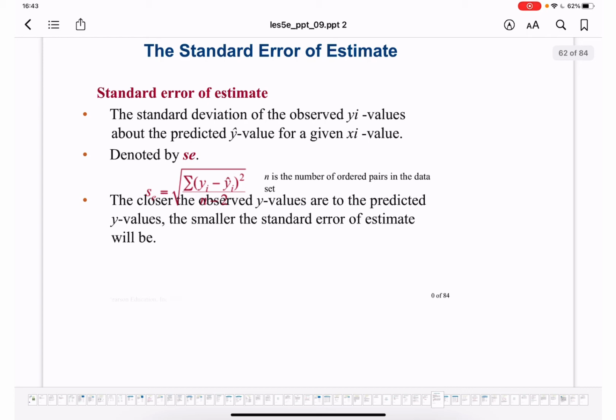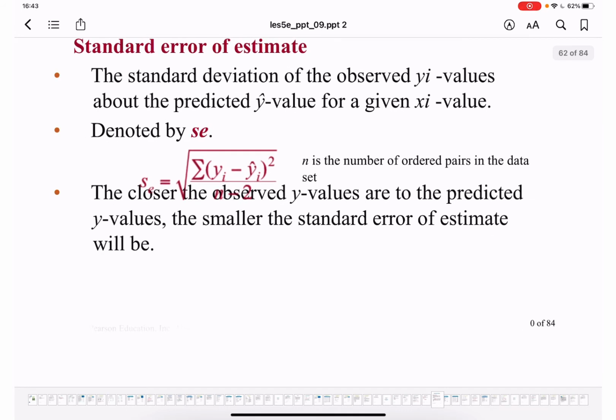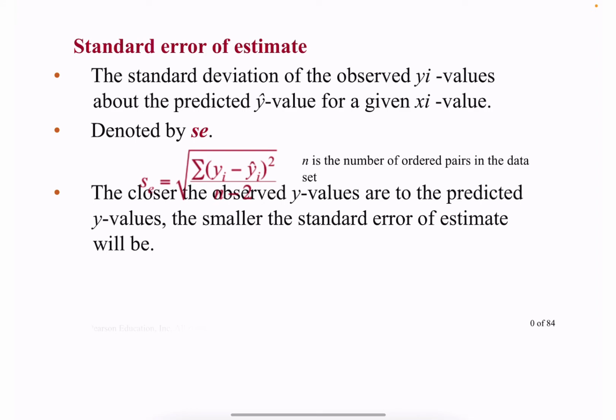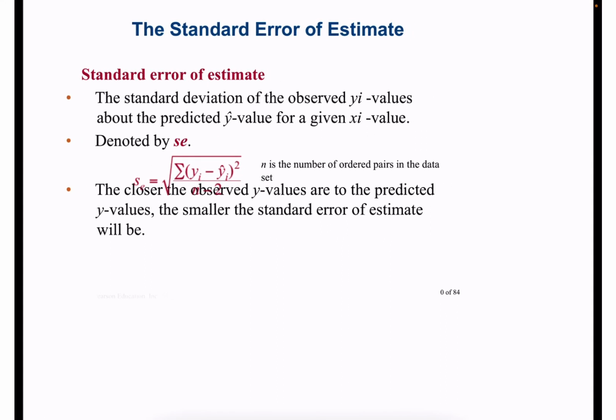Shortly saying, here is the formula: the sum of y i minus y hat i squared, that's our unexplained variation, divided by n minus 2. Okay? N is the number of ordered pairs. That's why we are subtracting 2.